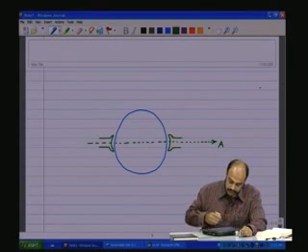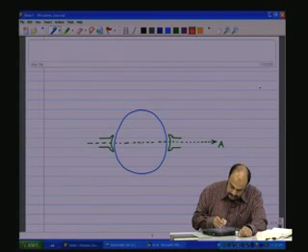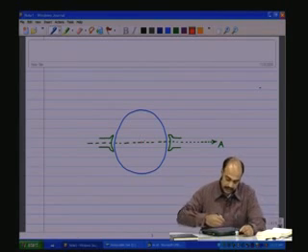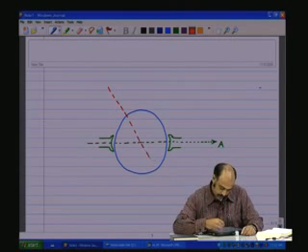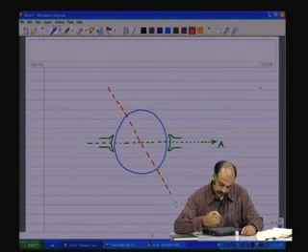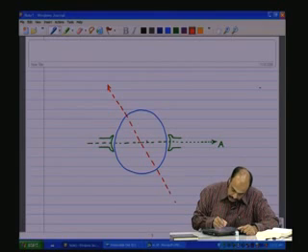Then let us have, 120 degrees apart, one more set of poles like this along this axis as shown. Now this is 120 degrees apart.